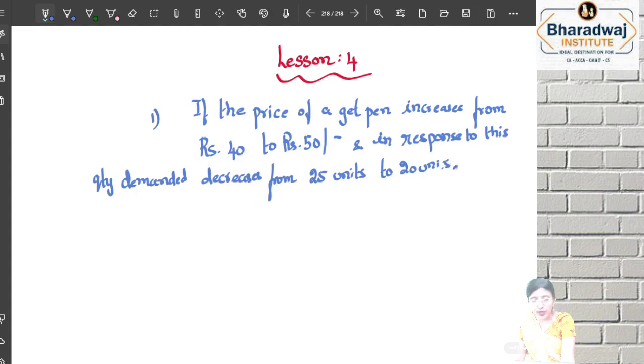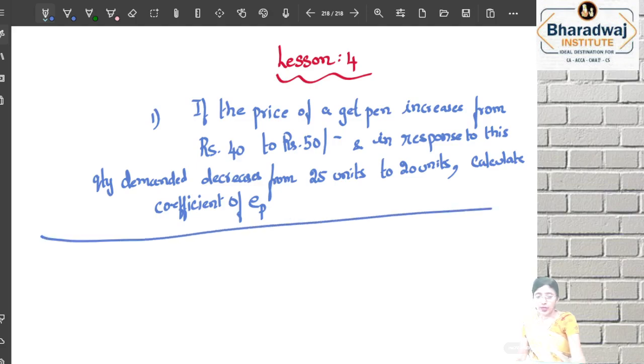Calculate the coefficient of price elasticity, EP. Now they may use some mathematical terms. Don't be worried, it is a formula based question only. Sum number 1. Another sum also I will give, so that after that we can start our theory part comfortably.